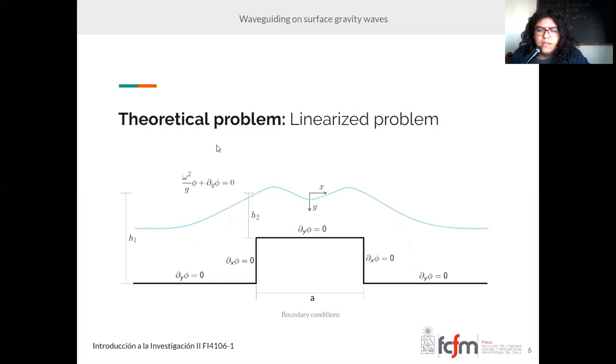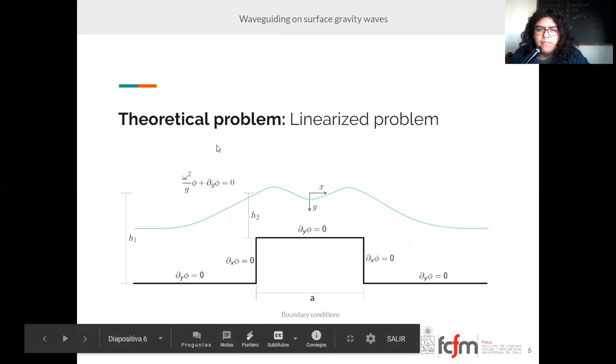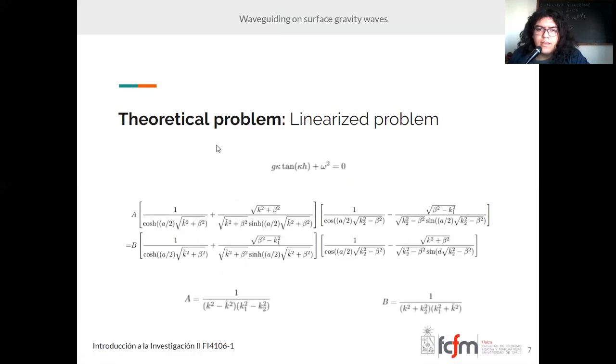So we have all the boundary conditions for the problem, and when we solve it, we obtain this, which is the dispersion relation for the waves traveling on this model. And if we are interested in beta, the propagation modes over the waveguide, we have to solve this transcendental equation, which, as you can see, is quite a bit more complicated than the equation that we saw before.